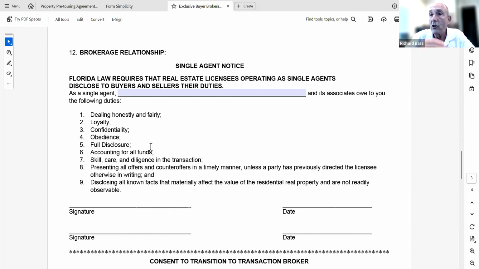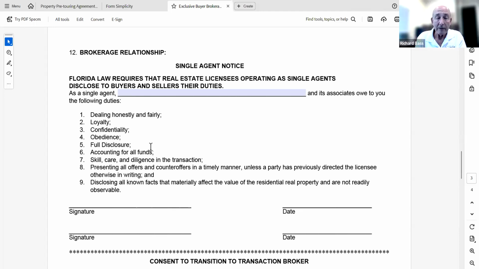Obedience. Unless you tell me something that breaks the law or my code of ethics, I am bound to follow your directions. And full disclosure is kind of the reverse of confidentiality. That means that anything that I find out about either the property or the seller, I'm going to share with you.